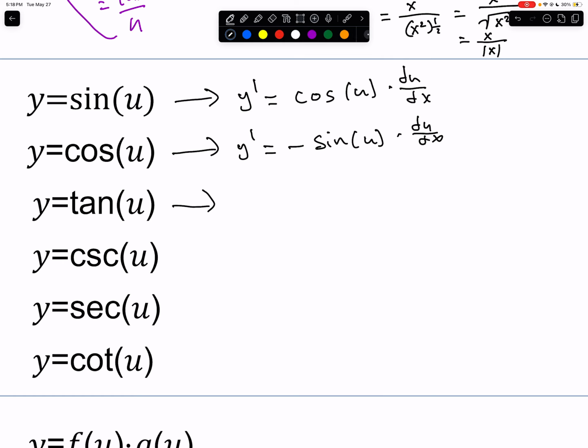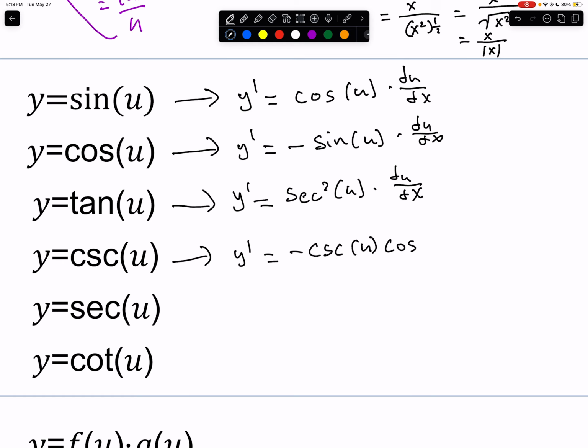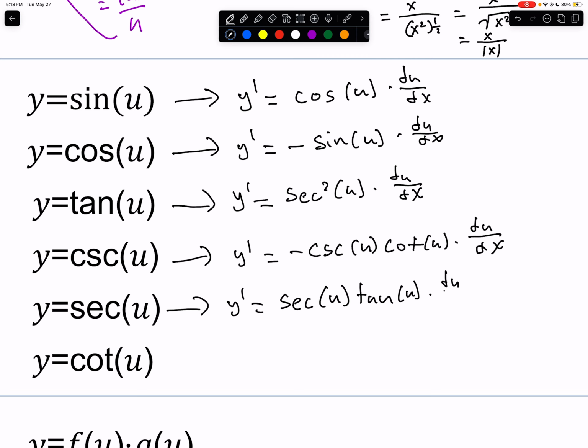So for tangent of u, y prime is just secant squared of u times du dx. Then for the next one, y prime equals negative cosecant of u cotangent of u times du dx. Here, y prime equals secant of u tangent of u times du dx.